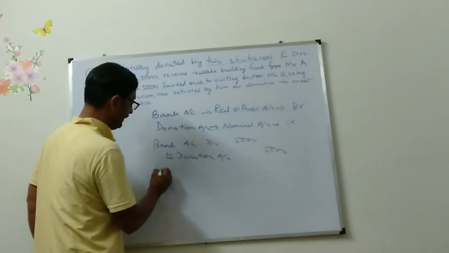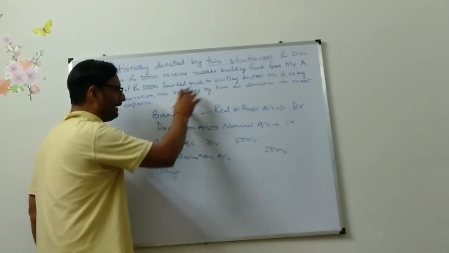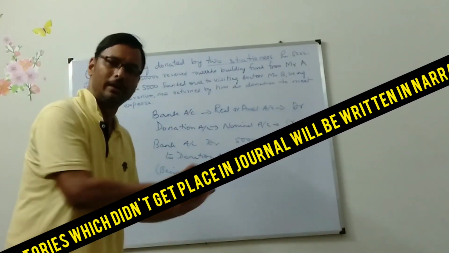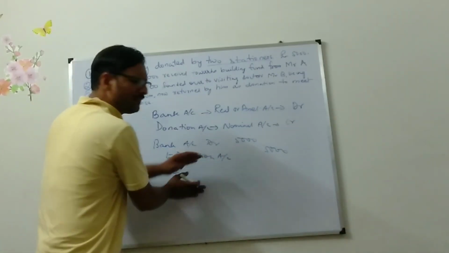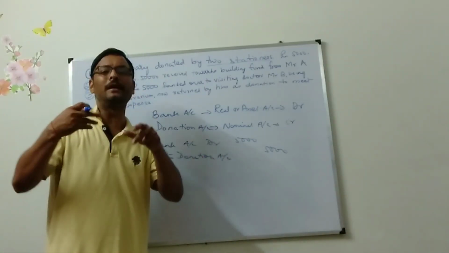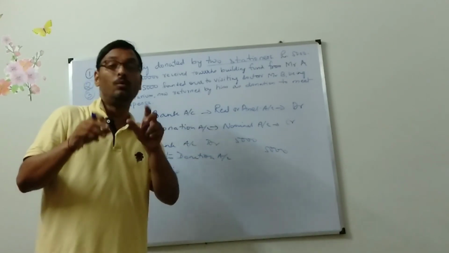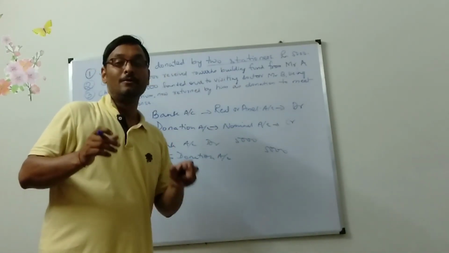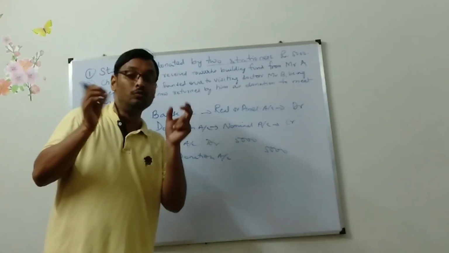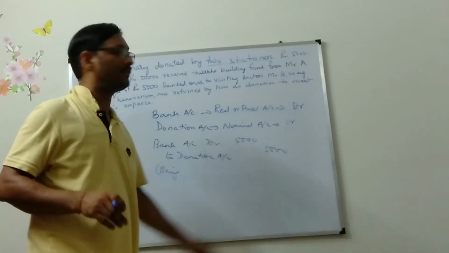5,000. Being, now whatever you could not write in the entry, this whole story you can write in the narration. You have to make yourself understand what happened during that time, so in future you need to know. That's why you will be writing all these things here.